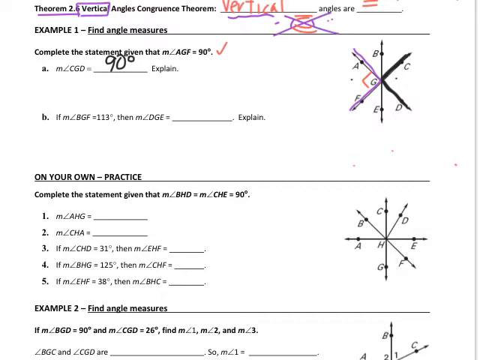When we explain, we can say that angle CGD is vertical to angle AGF. Therefore, and I'm not sure if we've used these three dots before, but three dots in a triangle form like this means therefore, it is 90 degrees.